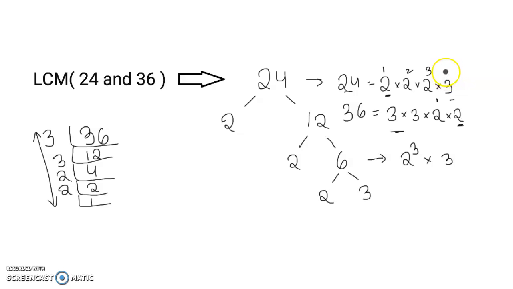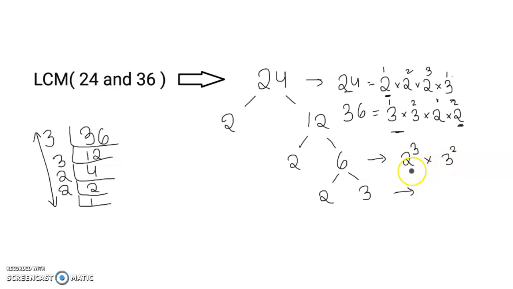Now for 3, I see in the factorization for 24, that 3 occurs 1 time. For the prime factorization of 36, I see that 3 occurs 1 and 2 times. It occurs twice. So I will do 3 to the second power.